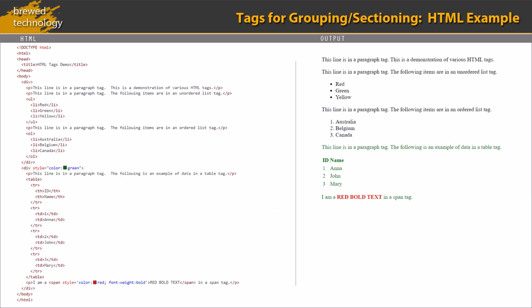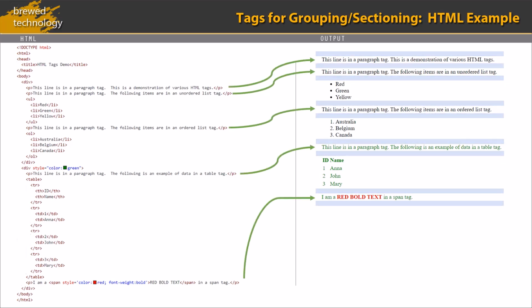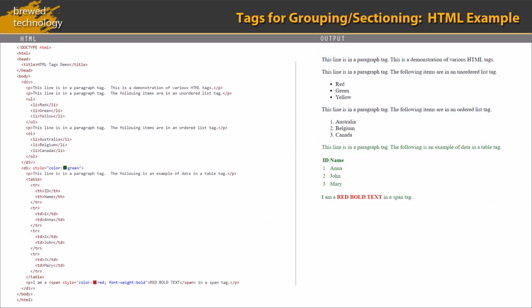The second tag that we learned is the p tag or paragraph tag. A paragraph tag is a block-level element that creates a new line before and after itself. In our example here, we can see that there are empty lines before and after each paragraph element. The third tag that we learned is the ul, or unordered list tag.